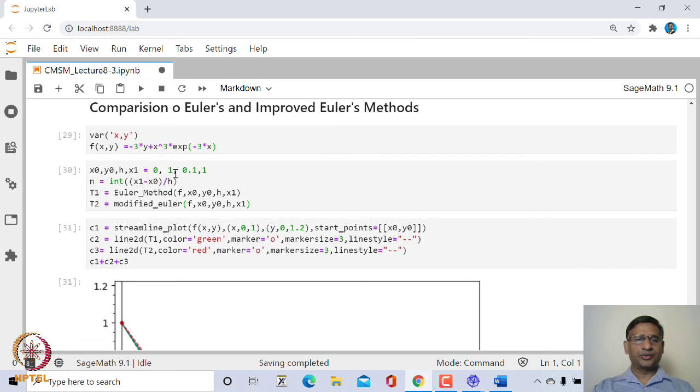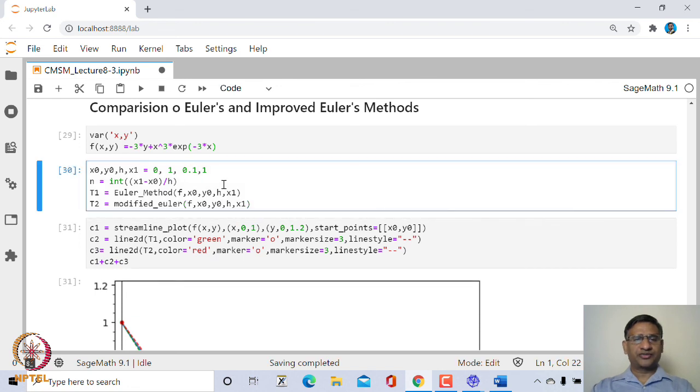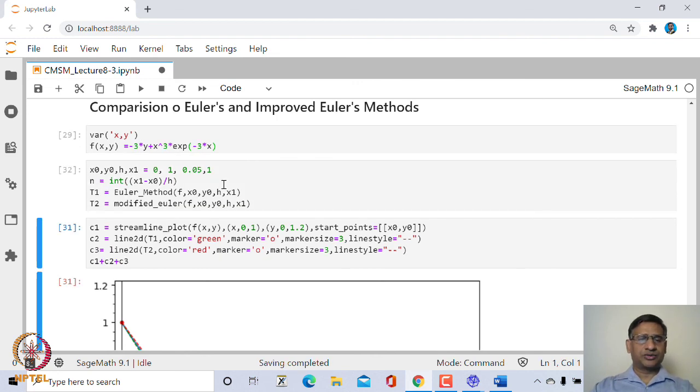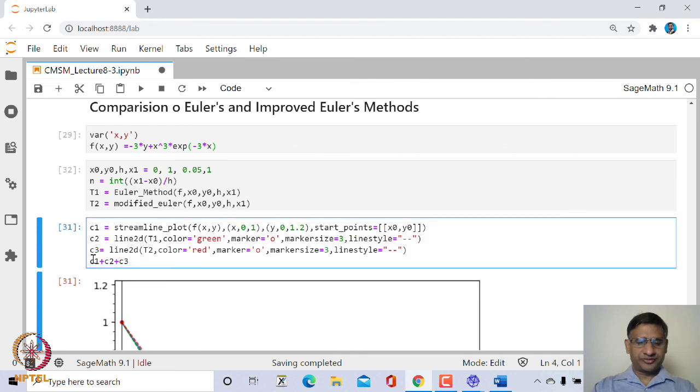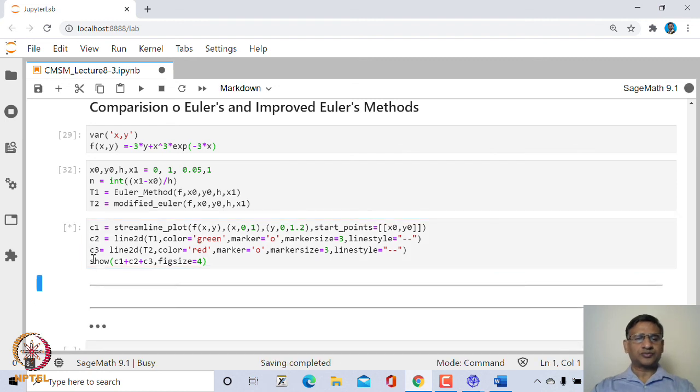However, if you reduce this, let me make it 0.05, and let me make the figure size small, show this, and figsize equal to, let us say, 4. Yeah.